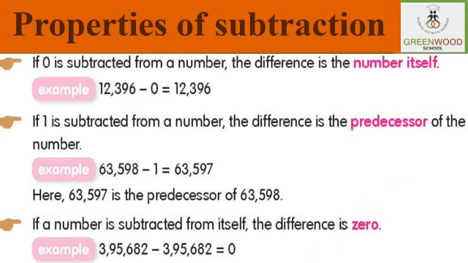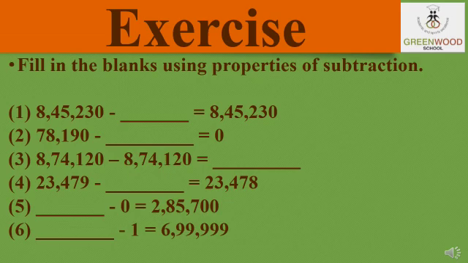Third, if a number is subtracted from itself, the difference is 0. For example, 3,95,682 minus 3,95,682 is equal to 0. Now, the next exercise is based on the properties of subtraction, which I want you to solve by yourself.